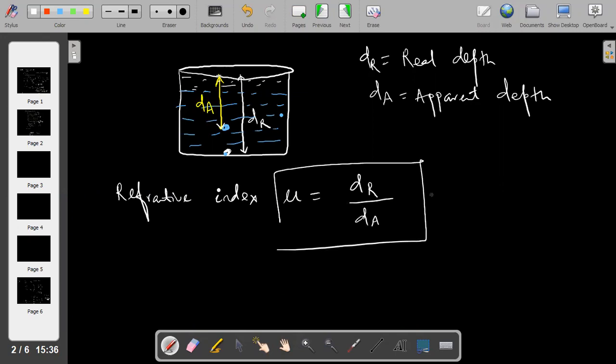Mu is dr by dA, real depth by apparent depth. That is the refractive index of the medium. Is that clear? अरे समझ में आ रहा है?